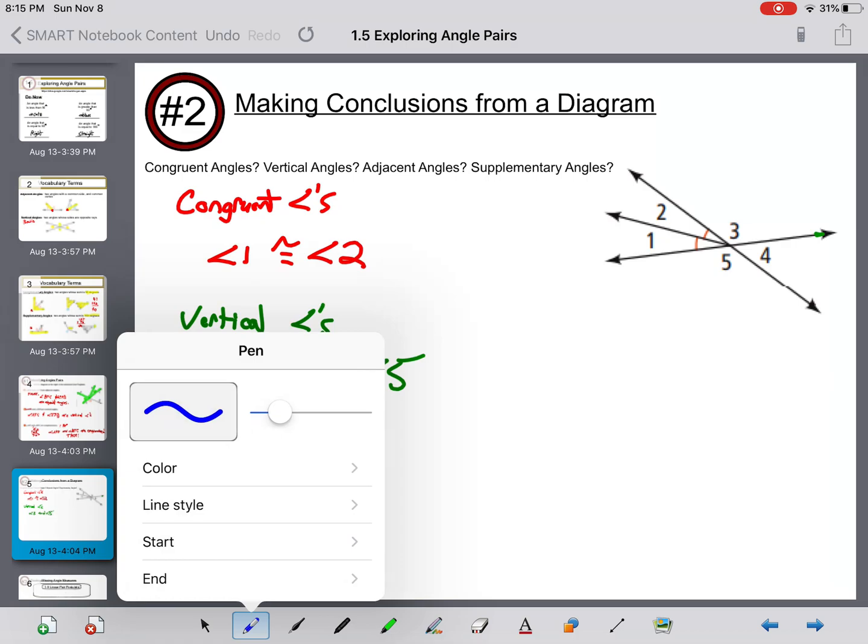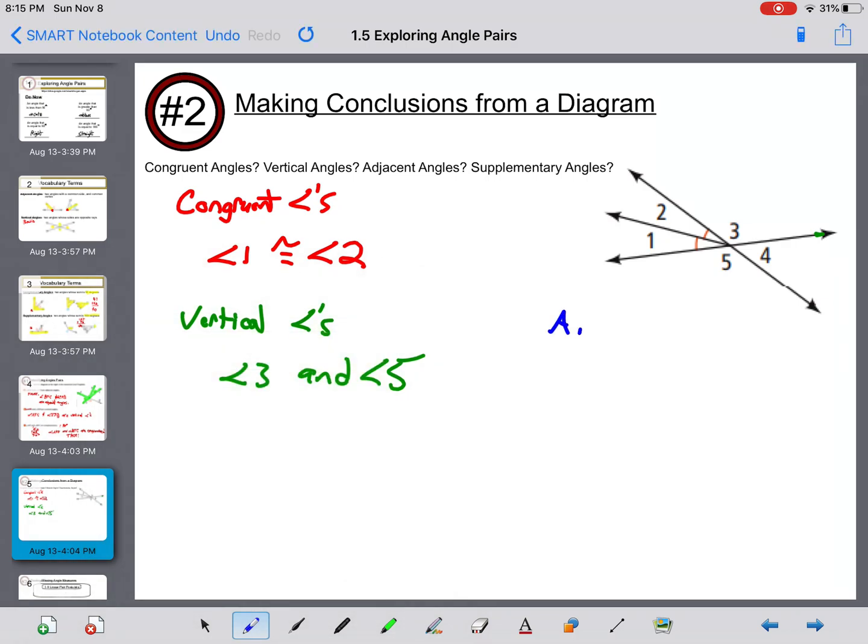Adjacent angles. There are many adjacent angles within this image or figure. These are any angles that share a side. So the first one I see is angles 1 and 2 share a side. Then I see 2 and 3.